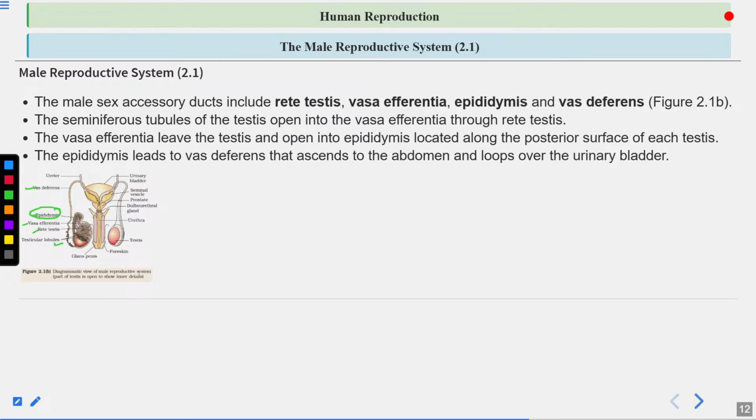Clear? Now, the duct from the seminal vesicle merges with the duct of the vas deferens to form the ejaculatory duct. And from the ejaculatory duct, the sperms travel to outside of the body through the urethra.